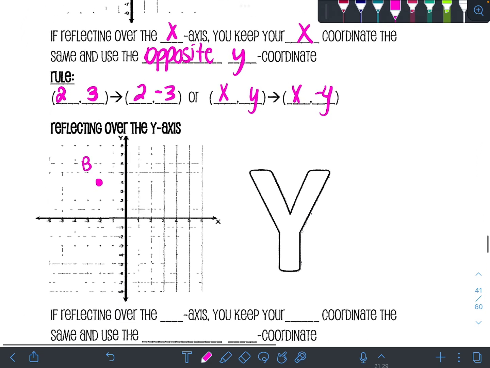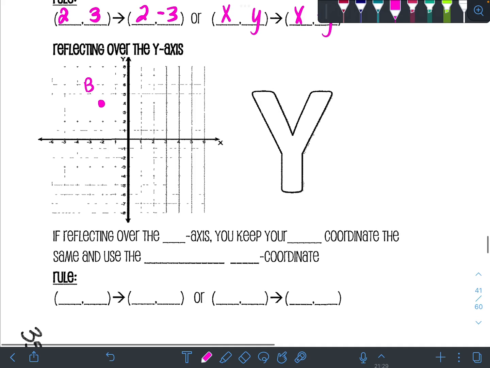So if we're looking at reflecting over the y-axis, here is my y-axis. Again, if I was to cut down where the y-axis would be, I could take this y here and just flip it over and it would lay perfectly on top of there.